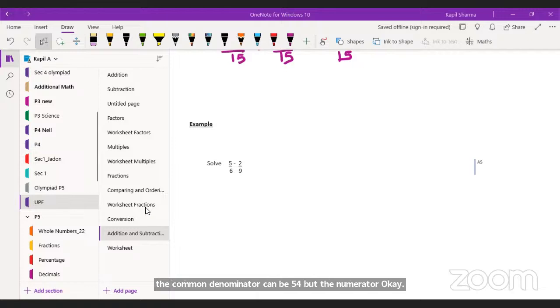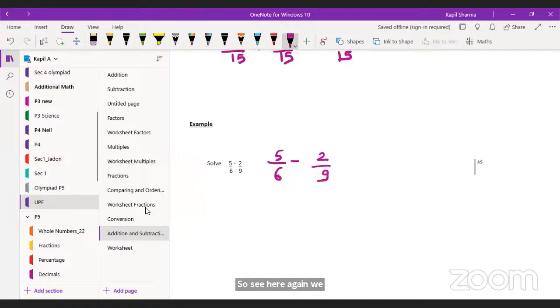So see here again we have 5 over 6 and 2 over 9. So these are unlike fractions. So first we need to make the denominator same. Now we have discussed how to find LCM.